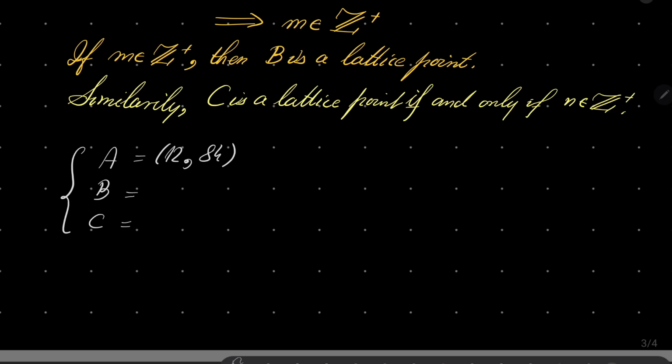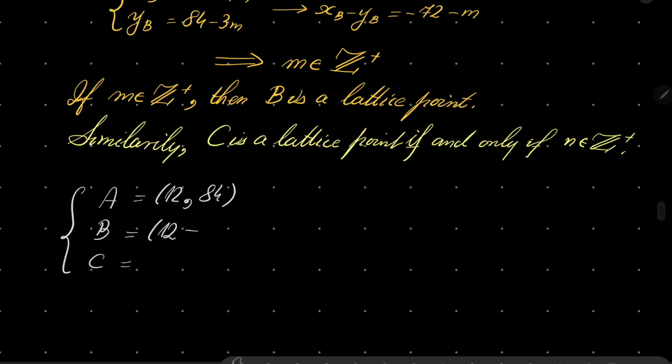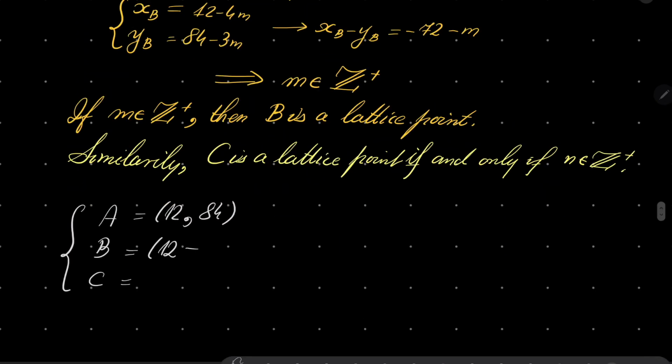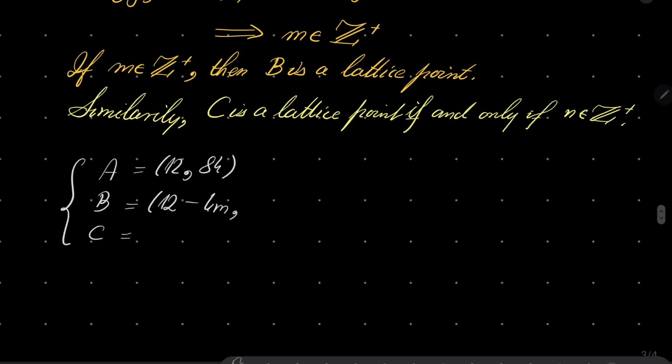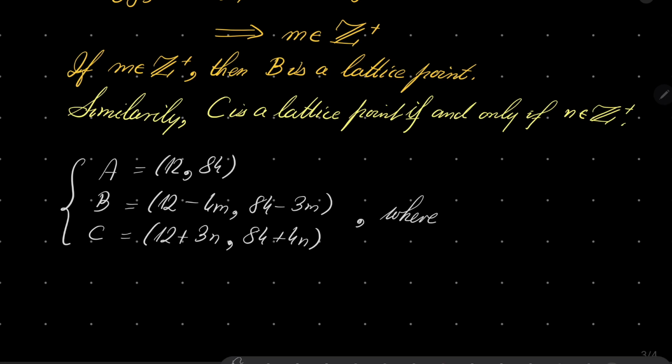Point B is 12 minus 4m, 84 minus 3 times m. And the last point is this point, where m and n are some positive integers.